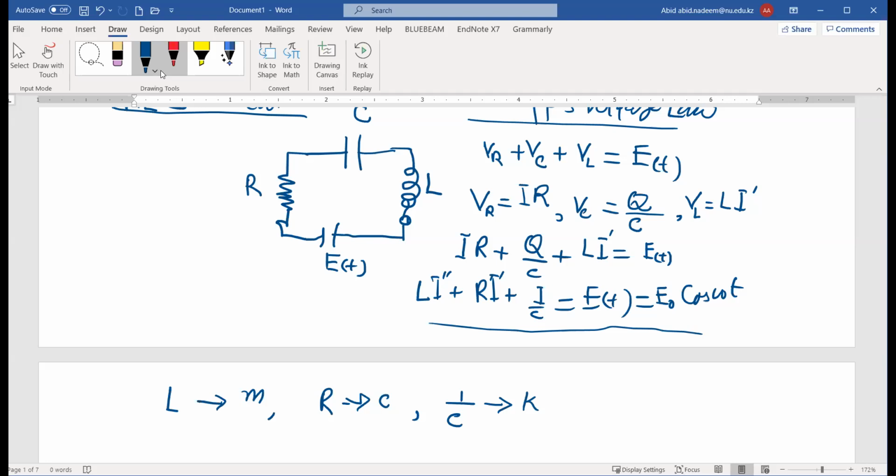But anyway, mathematically both equations, forced vibrations and RLC circuits, are the same. I have uploaded a video about that as well, and you can have a look. There is also one example which I have solved in that video.